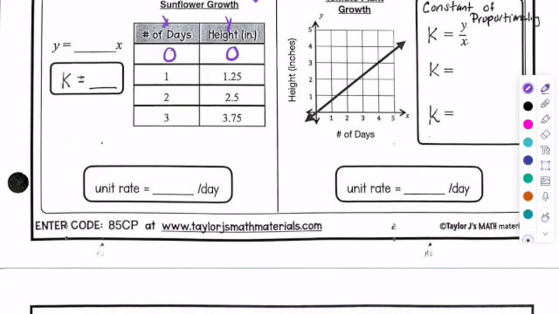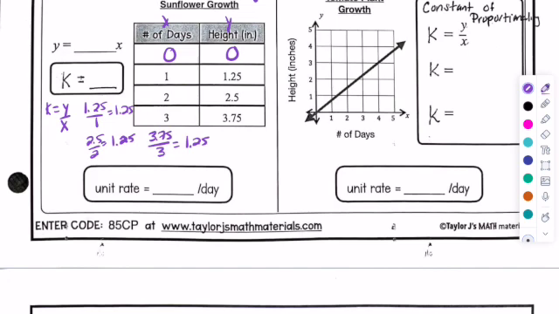Remember, for our K value, we are looking at our Y over X fractions. So we would have 1.25 over 1, that is 1.25. If we looked at 2.5 divided by 2, that is also 1.25. And 3.75 divided by 3 is also 1.25.